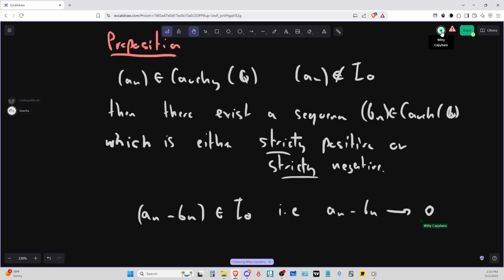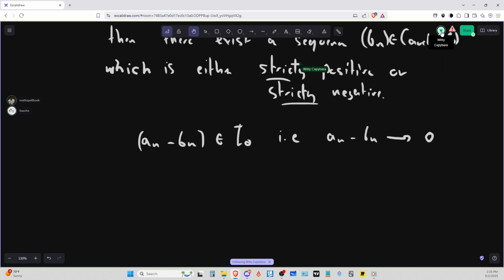If you think about the real numbers as the Cauchy sequences quotiented out by I0, this proposition is telling you that any non-zero real number will be either positive or negative.